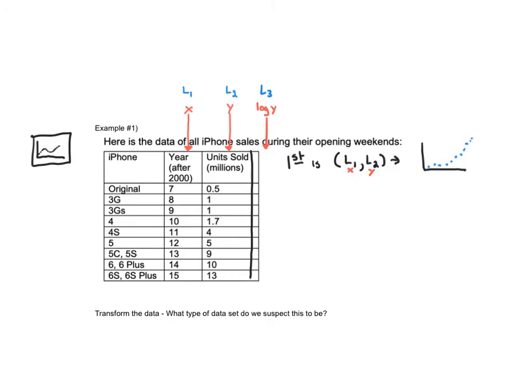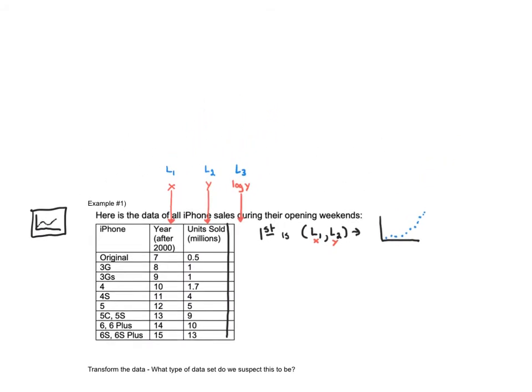So here's what I'm going to do. Go to Stat, go to Edit, go to L3. Here, I'll kind of do this up here. So in my calculator, here's what it says. It's L3 up there in the box, right? So I'm looking at the box, and it's waiting for me to put stuff into L3, right? So what I'm going to do is I'm going to highlight the L3 part right now.